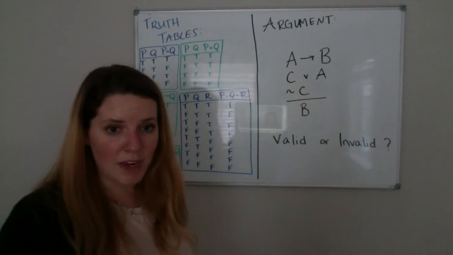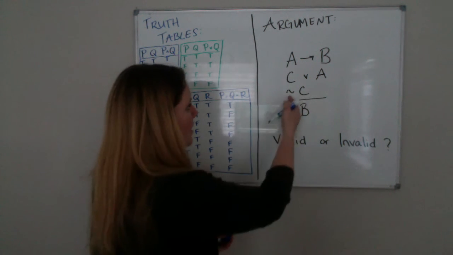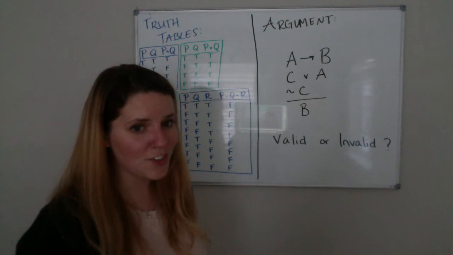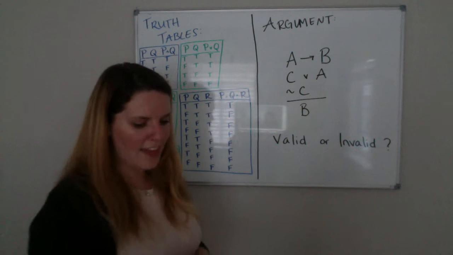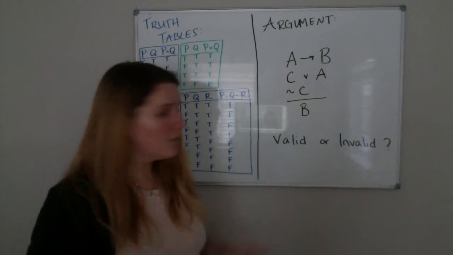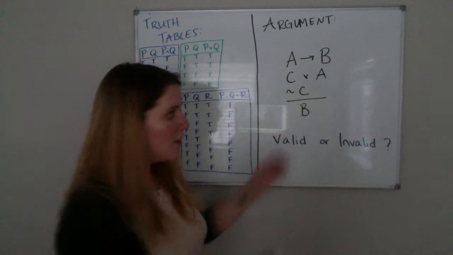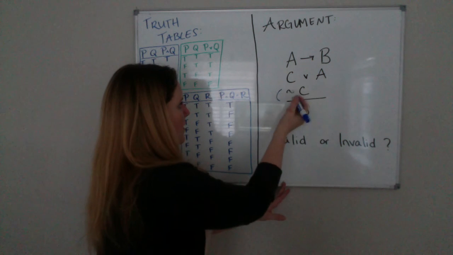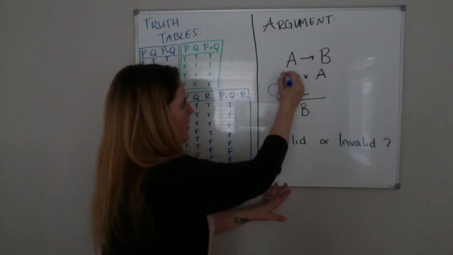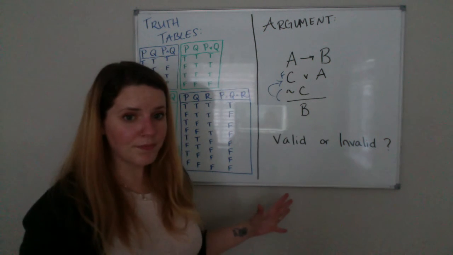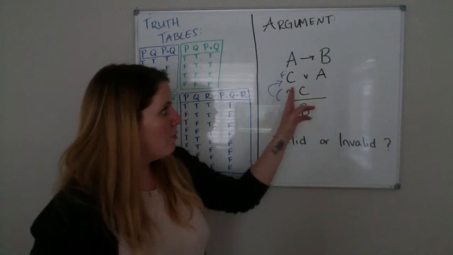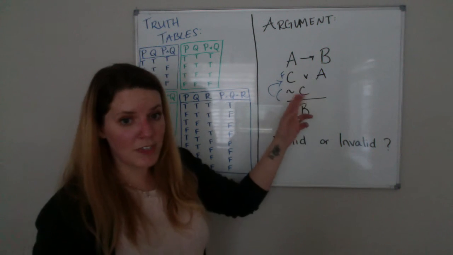So with the third premise, we know that not C is true. Again, testing for validity, we assume all of our premises are true. So we're assuming it's true that not C. If not C is true, that means that C is false.